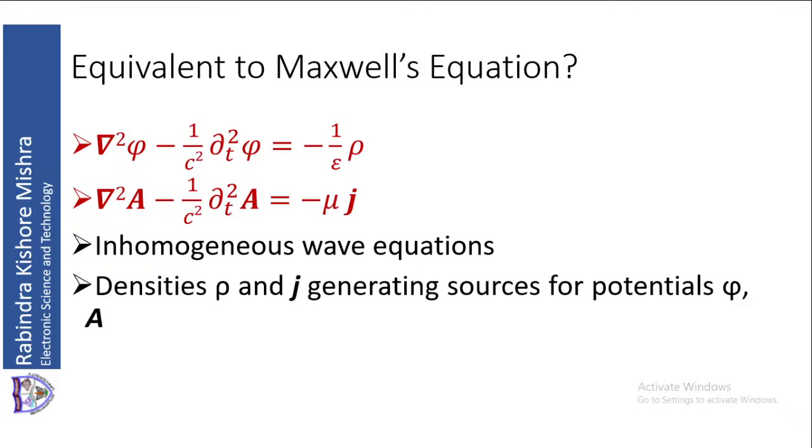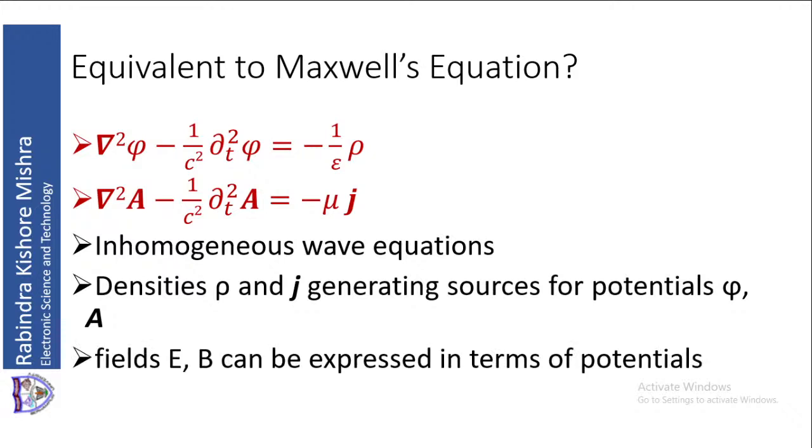Why do we call it an inhomogeneous wave equation? The reason is that on the right hand side we don't have a zero term. If you have a zero term on the right hand side of this wave equation, with the differentiation on the left hand side, that gives you a homogeneous equation. If it is not equal to 0, that gives you an inhomogeneous equation. So in that sense, this is an inhomogeneous equation.